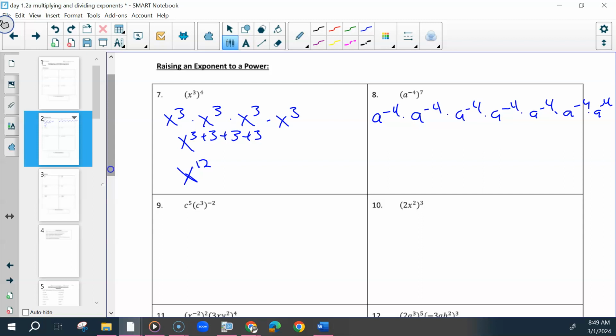You can either change each of these using the negative exponent rule first and then combine them, or combine them and then use the negative exponent rule. It doesn't matter. If we were to combine them, adding all the exponents together, what would that new exponent become? Negative 28. But then we can't leave it like this. How would we rewrite that? 1 over a to the 28. Anyone think they may know the rule?